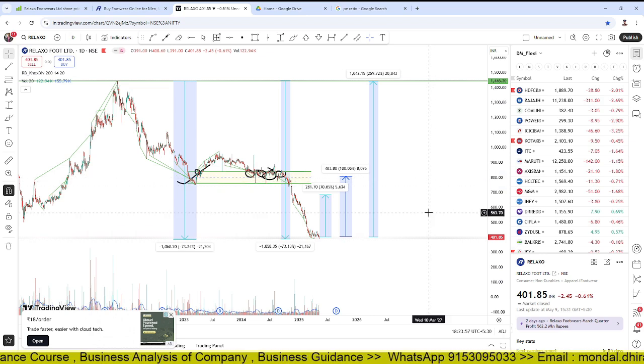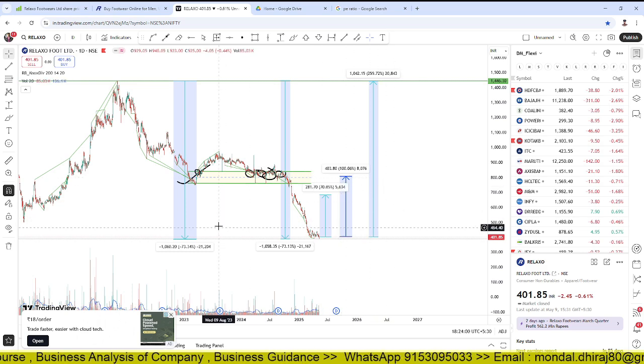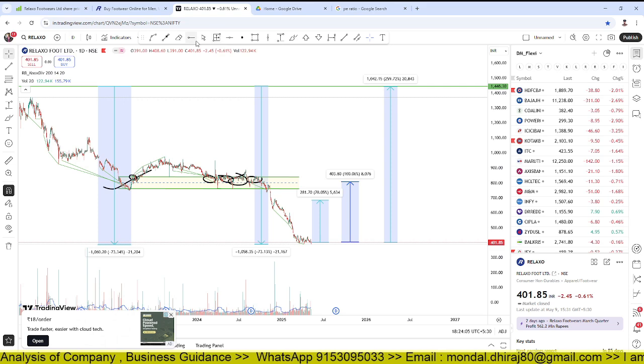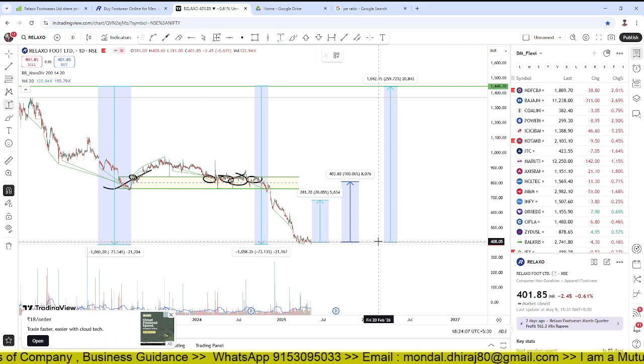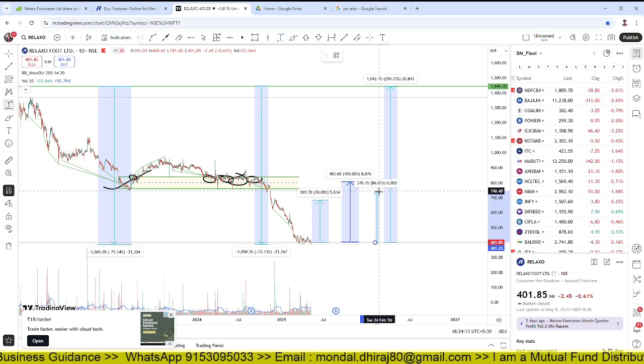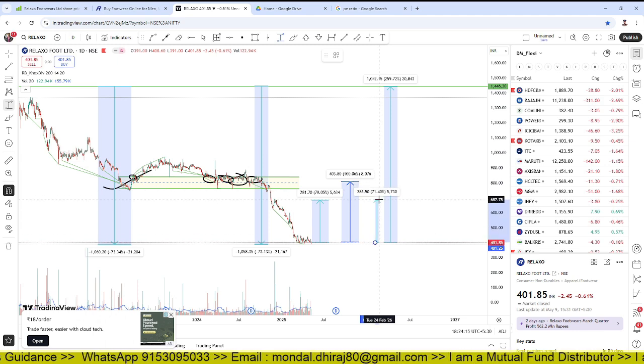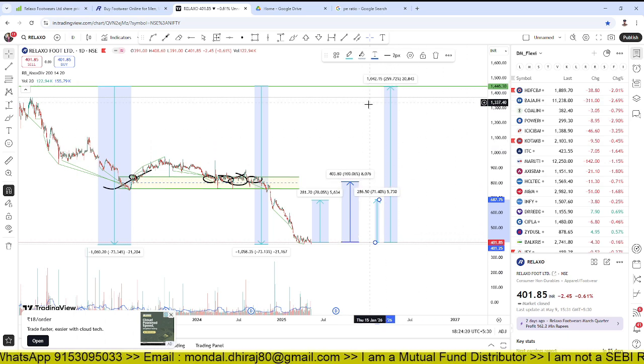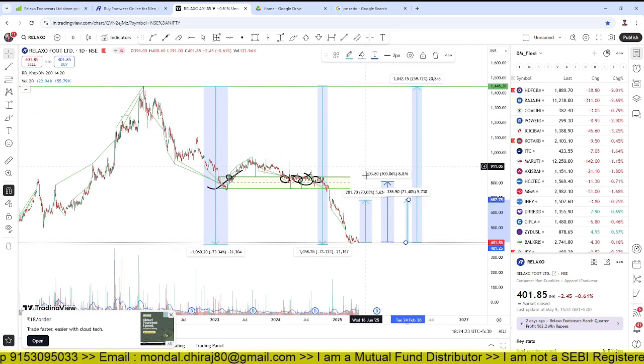But we cannot predict all this, only based on the technical chart and technical parameters, the medium to long term target is almost 70%, the long term target is 100%, and the lifetime target is 259%.